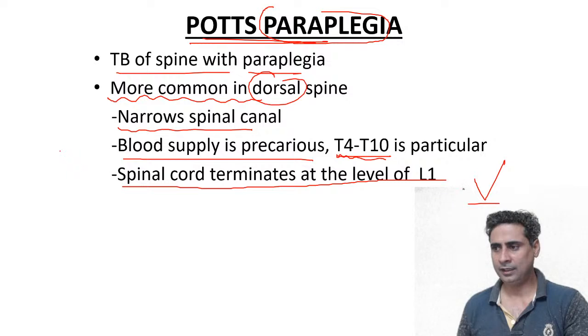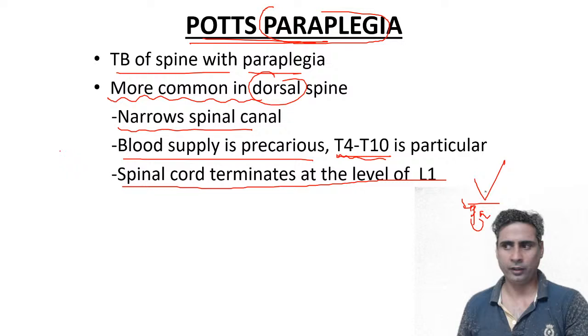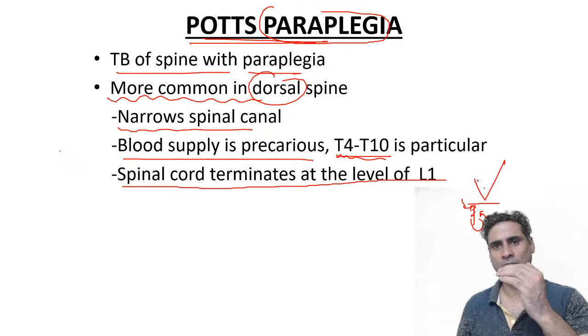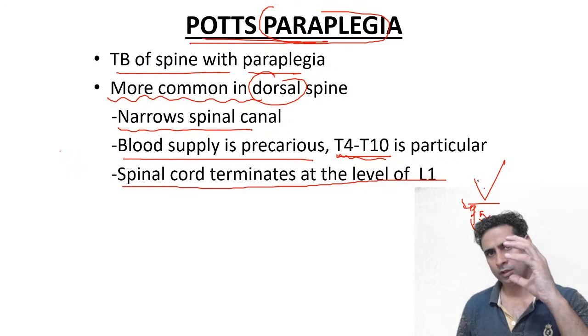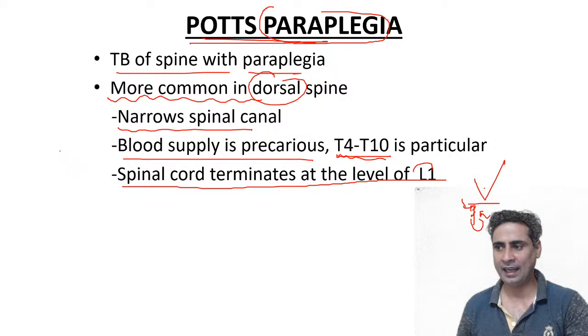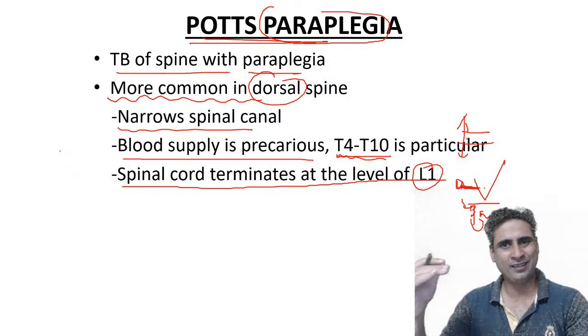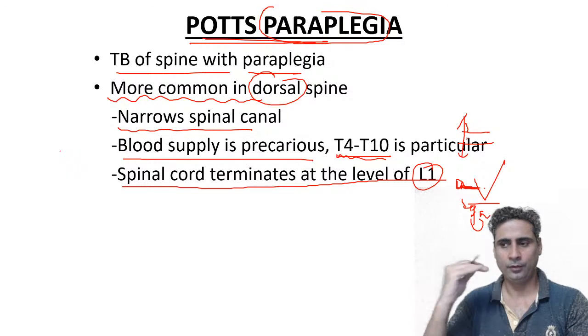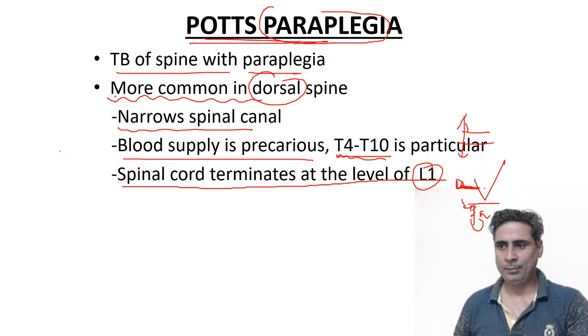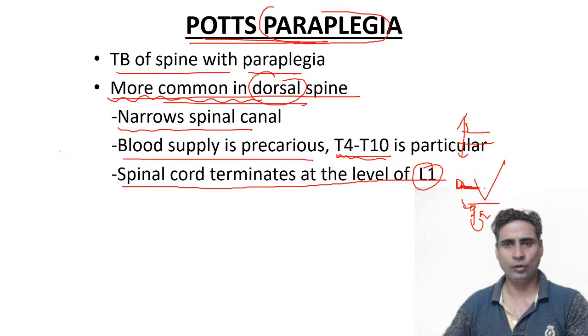So if the lesion is below L1, it will compress nerve roots only, not the spinal cord. For paraplegia to occur, there should be compression of the spinal cord, which ends at L1 level. So tuberculosis at L1 only will compress the spinal cord in the lumbar area, and in the dorsal area at all levels it will compress the spinal cord. That is why paraplegia is more common in tuberculosis of the dorsal spine.